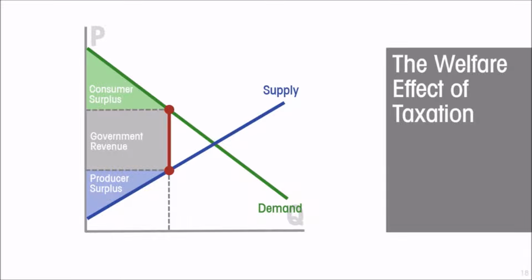And so that gray area represents total government revenue, the amount of welfare that accrues to the government. So total welfare in the market after the tax is levied is the sum of all three of those areas.